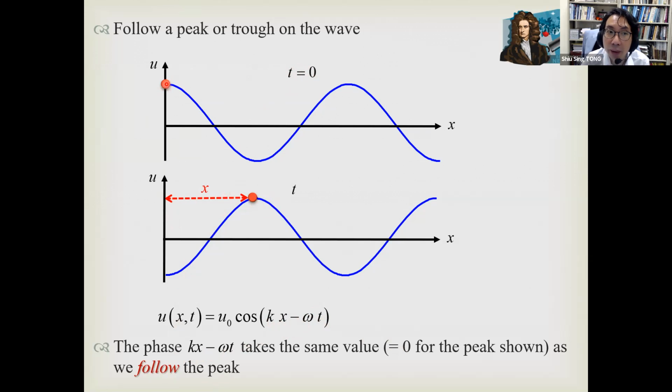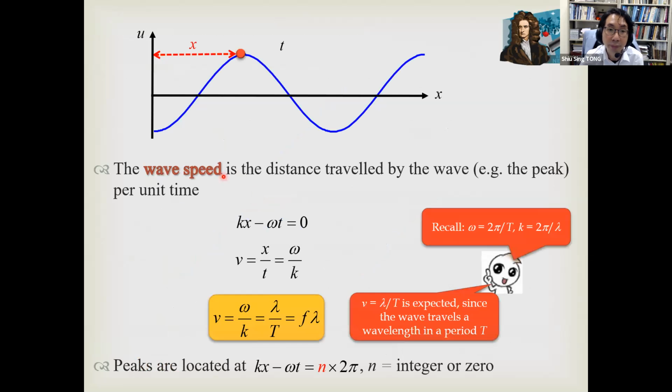At time t equal to 0, the peak is here. At a general time t, the peak is here. The wave speed is just the distance traveled by the wave, or equivalently the peak, per unit time. So at time t, the position of the peak is x, such that kx minus omega t is equal to 0.